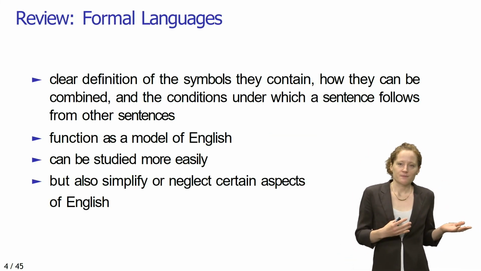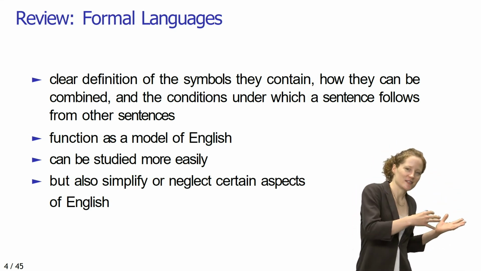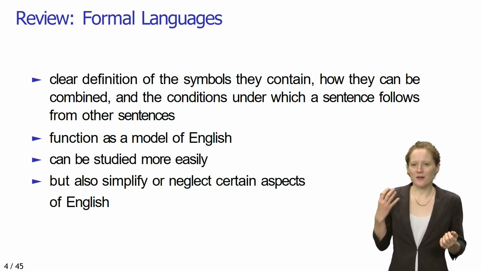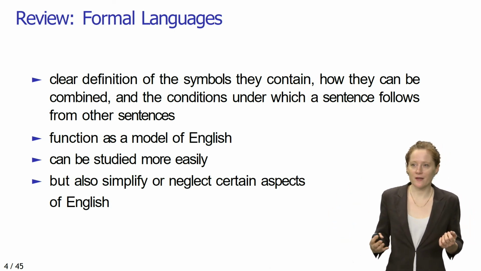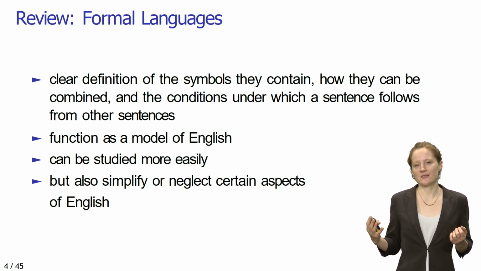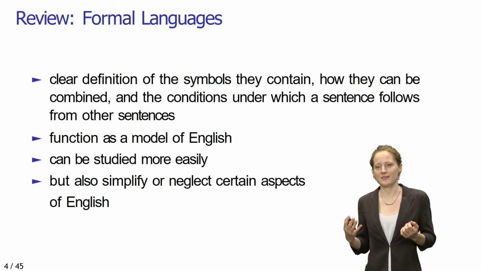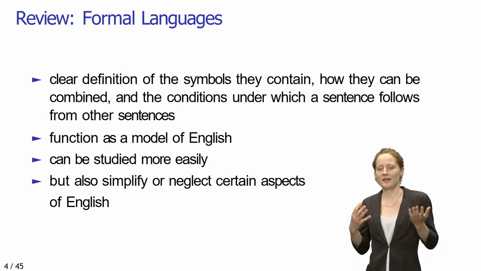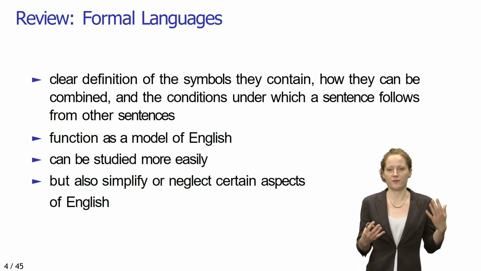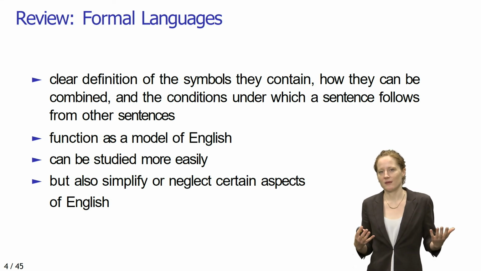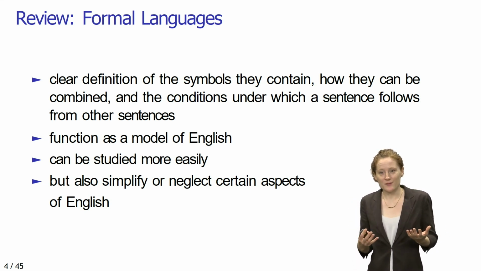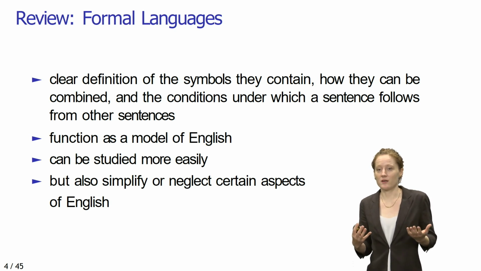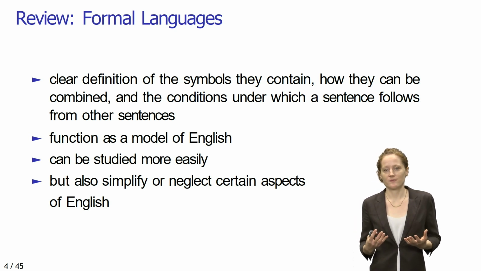Formal languages differ from natural languages because they possess a clear definition of the symbols that they contain, how these symbols can be combined to form sentences, and the conditions under which a sentence follows from other sentences. In logic and in this class, we use formal languages as a model of English.